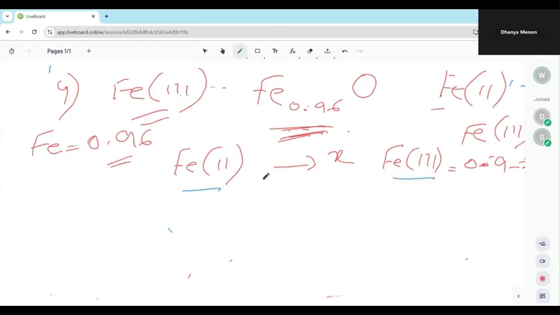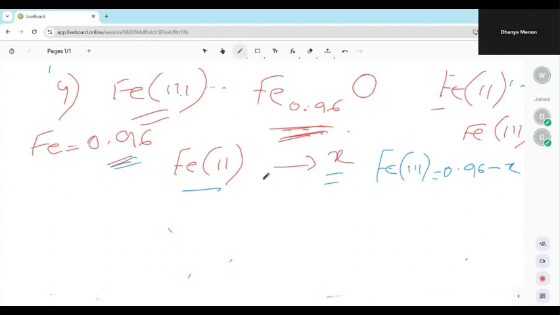So if iron 2 is X and the total amount of iron is 0.96, then Fe3 is 0.96 minus X. Okay.